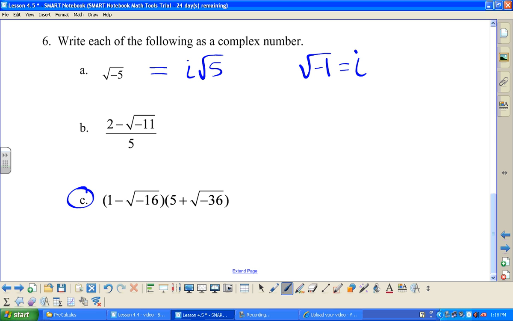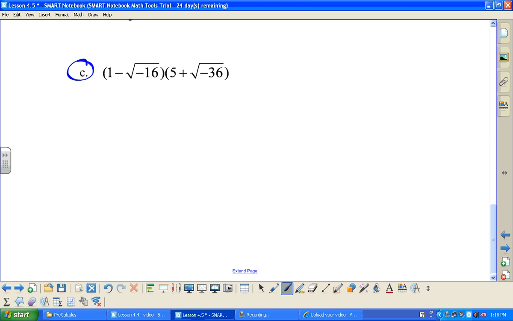And letter C, we are going to FOIL this, but first thing we want to do is change it to i's first of all. So we have 1 minus, see the square root of 16 is 4, so the square root of negative 16 would be 4i. And the square root of 36 is 6, so the square root of negative 36 would be 6i. So first we're going to change these to standard form with an i, and then we'll do the multiplication.